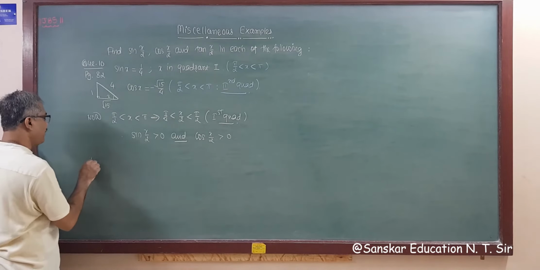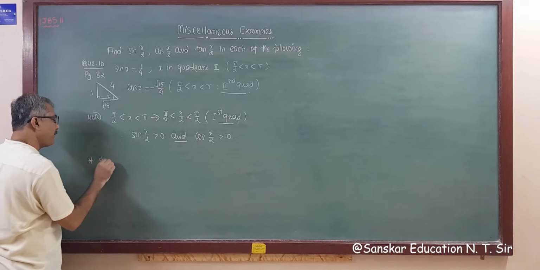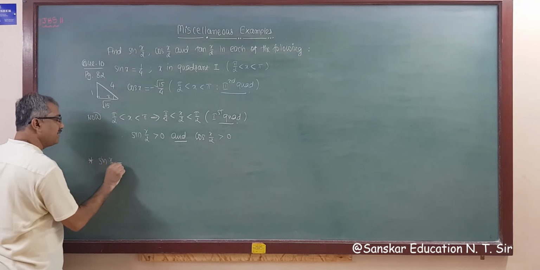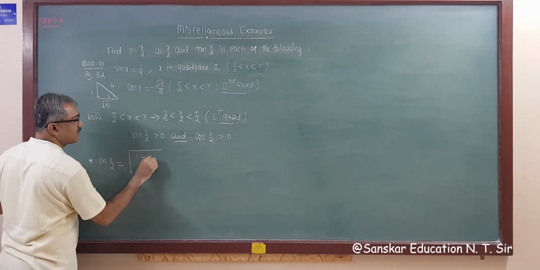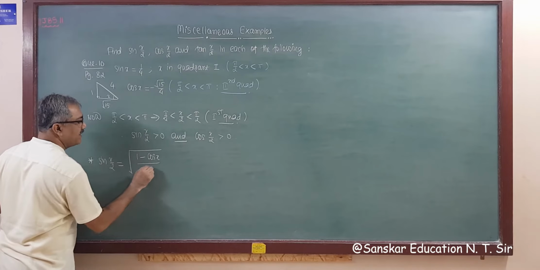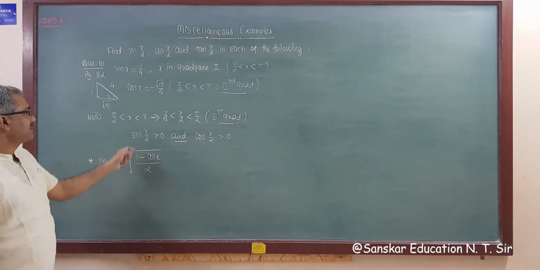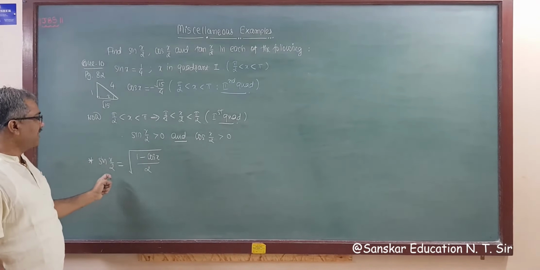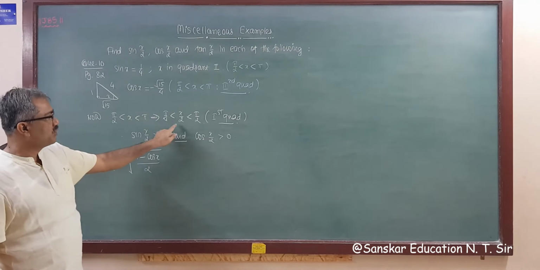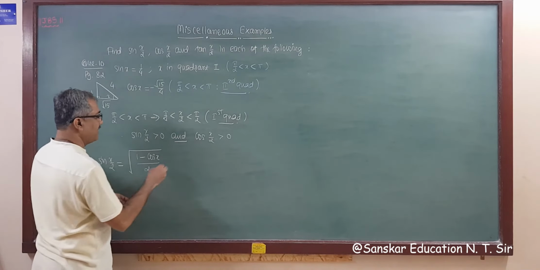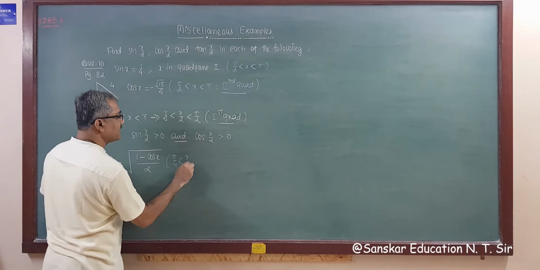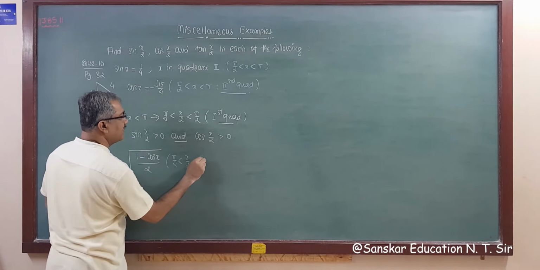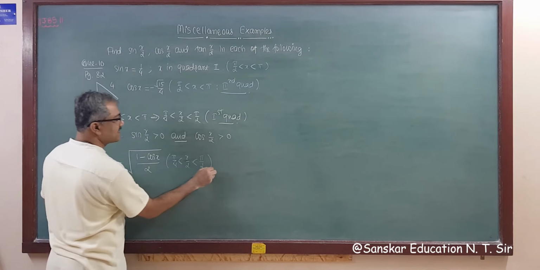So now sine x by 2. The formula you know, square root of (1 minus cos x) divided by 2, and since sine is positive, we are taking the positive square root because pi by 4 is less than x by 2 is less than pi by 2, that is the first quadrant.